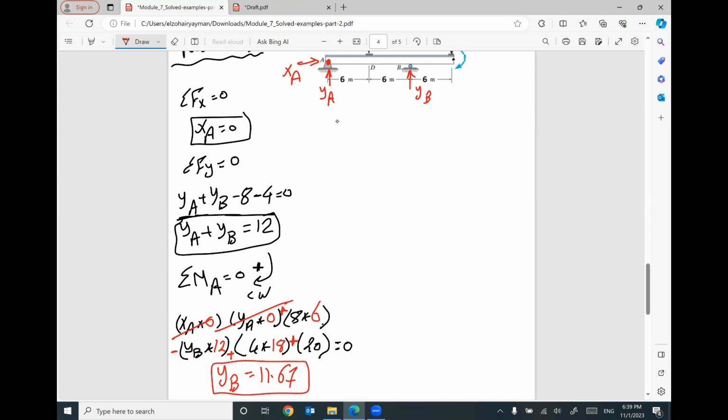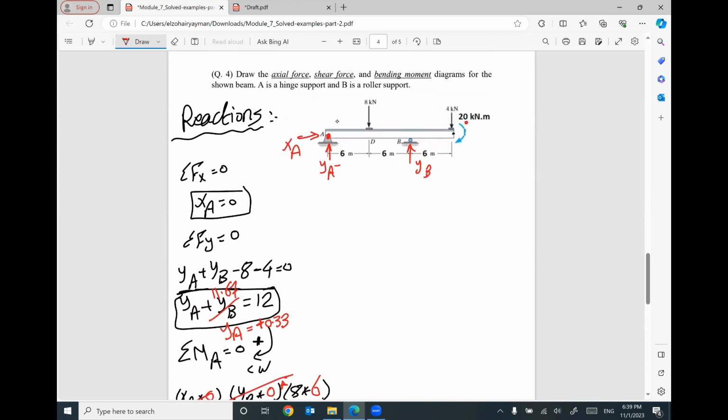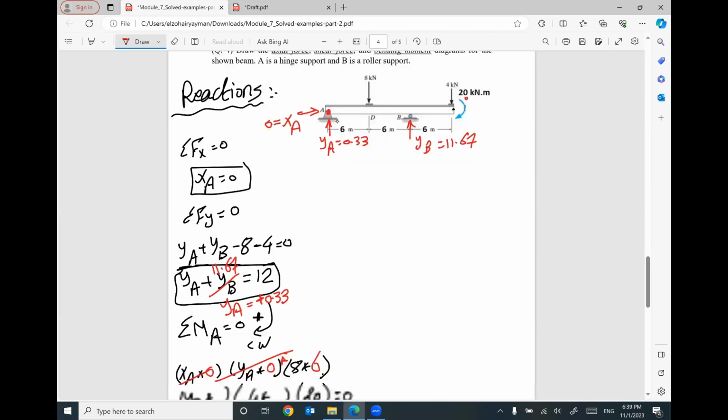If you go back here and put YB 11.67, the value of reaction YA will be positive 0.33. Positive means your direction of this reaction is correct. 0.33, and this reaction equals 11.67.